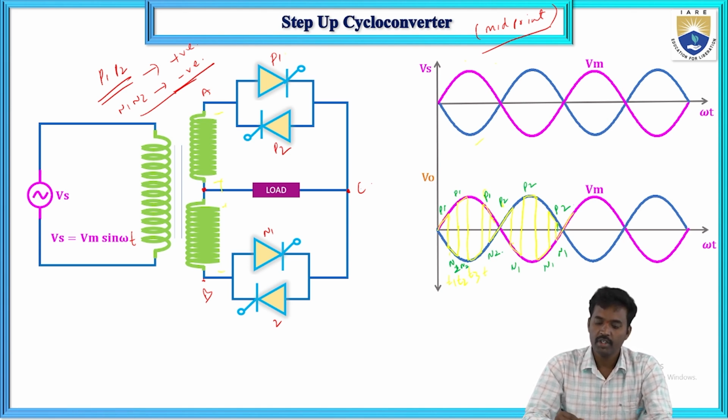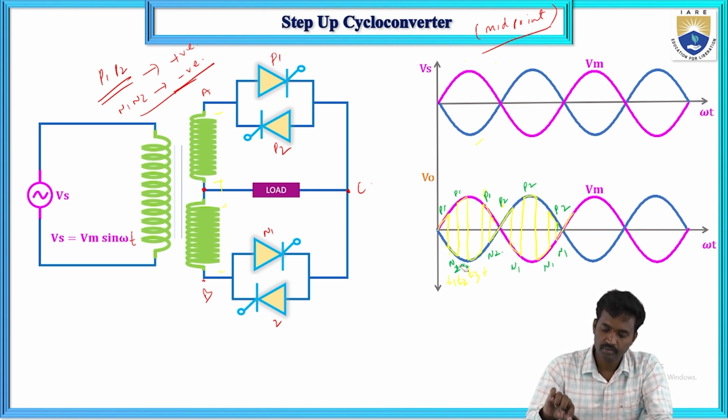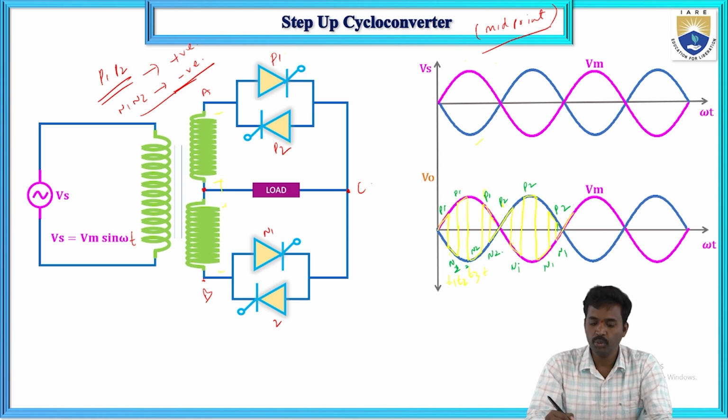First the P1 switch will conduct, and next N1, next P1, and next N2. So P1, N2, P1, N2, and again P1, again N2. Next P2, N1, P2, N1, and P2, N1. Next the cycle repeats.